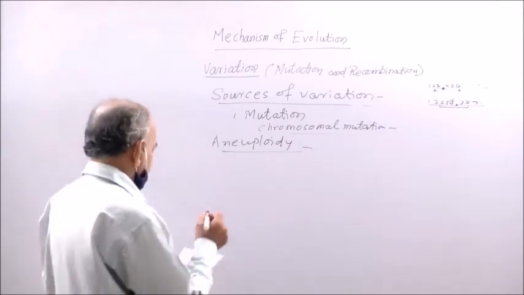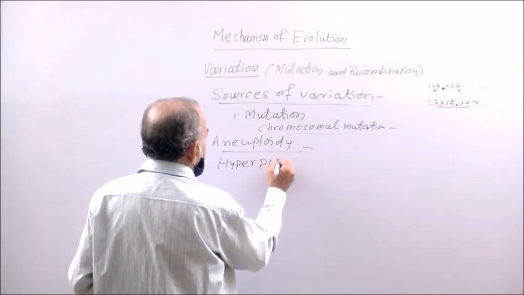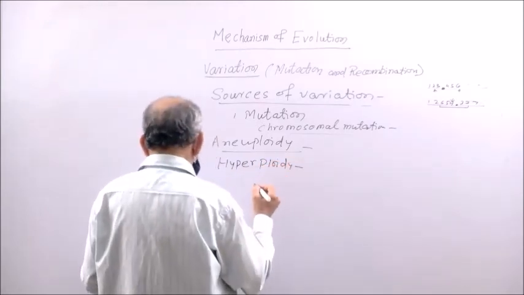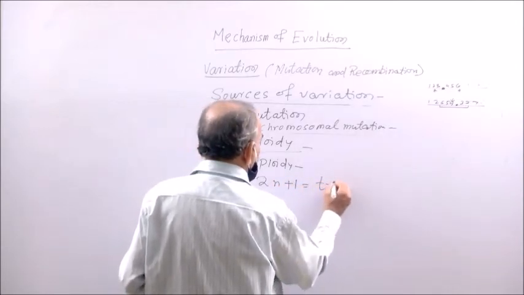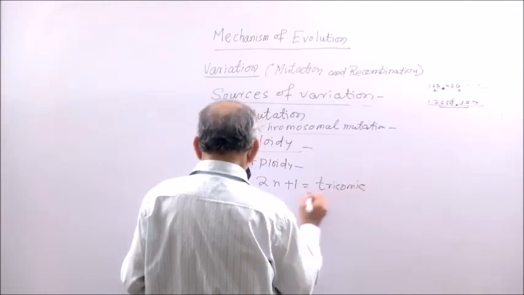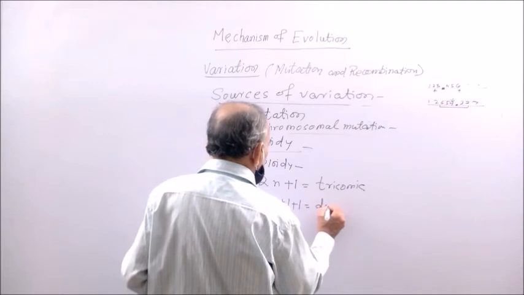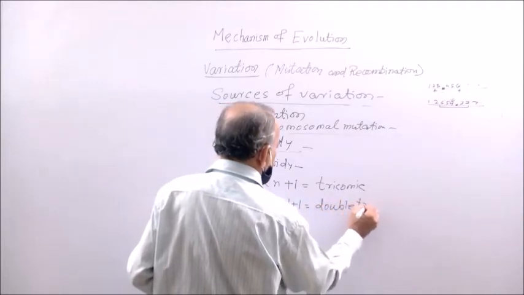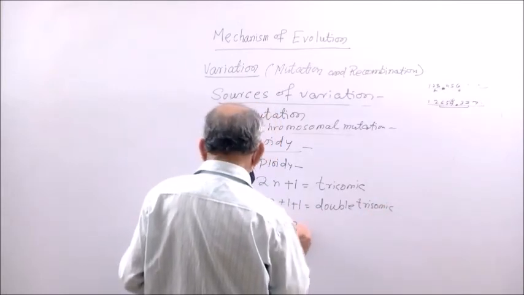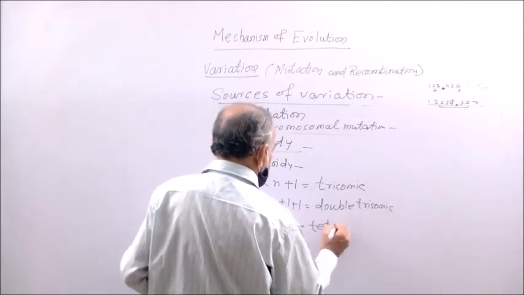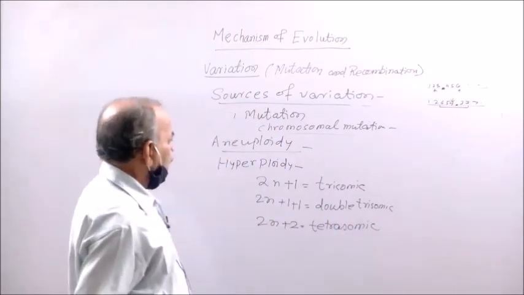Hyperploidy is classified as 2n plus 1, that is trisomic, 2n plus 1 plus 1 double trisomic, 2n plus 2 tetrasomic, etc. These are hyperploidy.